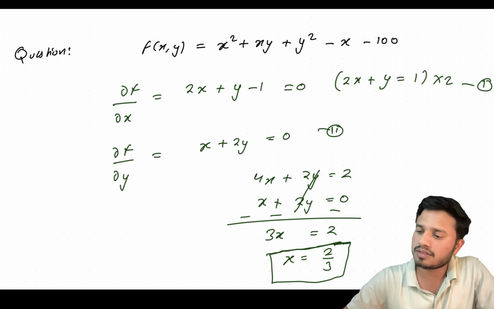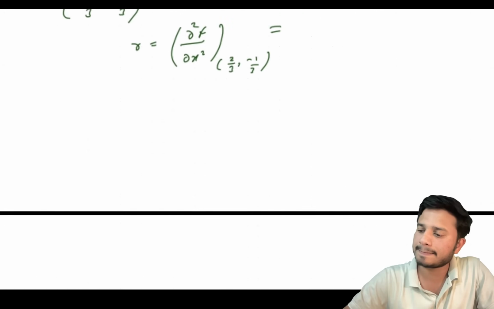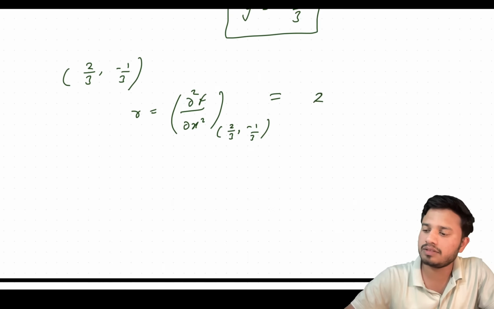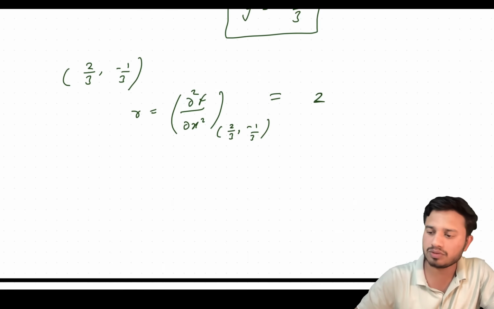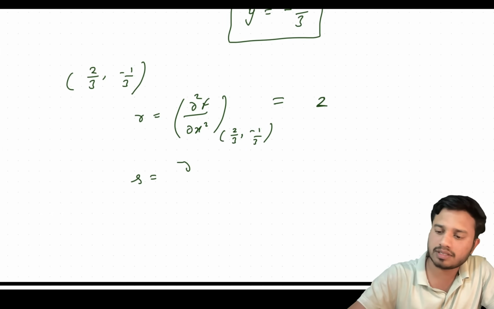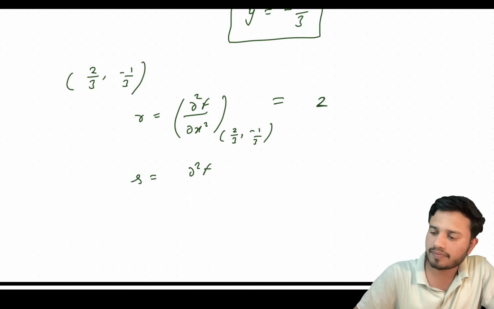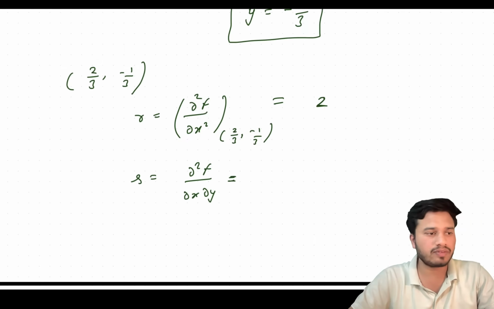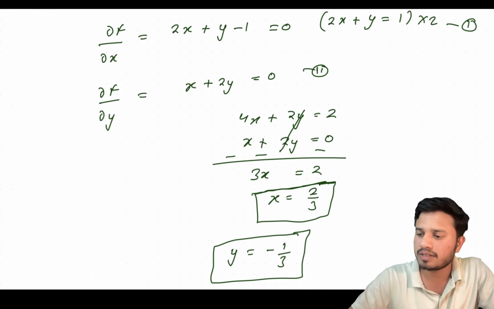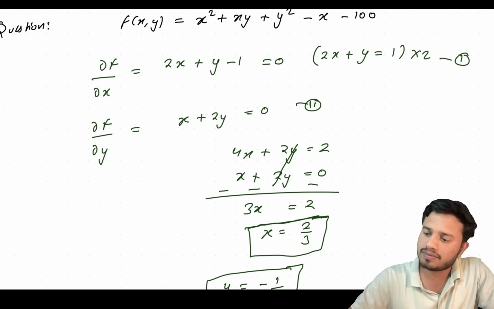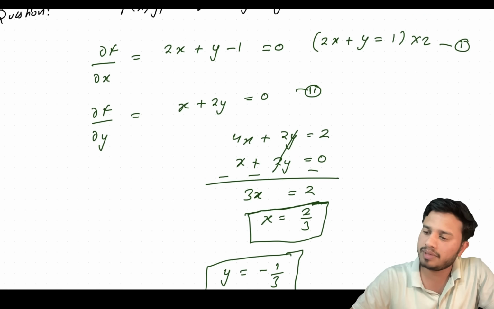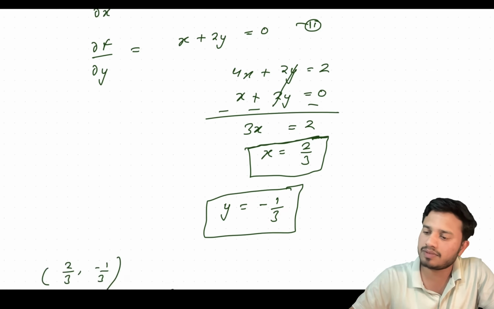Then s is the mixed derivative, del y del x: del f by del y will be 1.